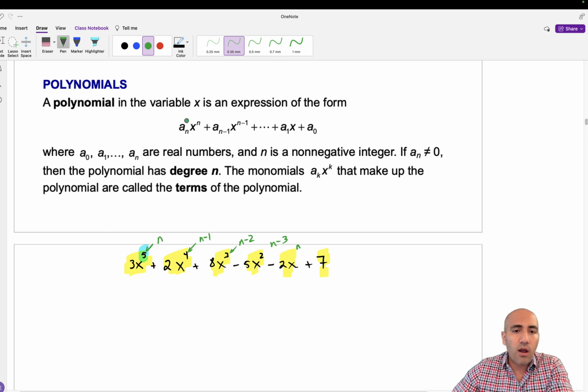So this is saying just walk down, reducing powers by 1 all the way down, and eventually you'll get down to power 1, and then power 0. So we can leave it as a 7, or we can also think of it as 7 times x to the power of 0. Right, so this walks down from 5, 4, 3, 2, power 1.